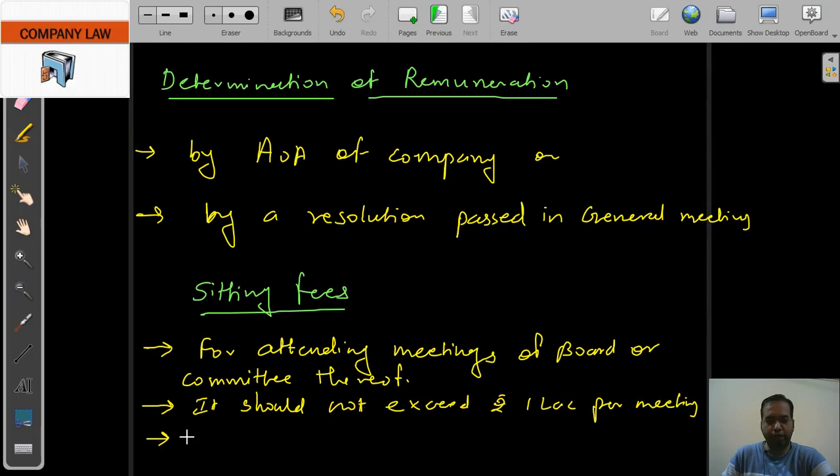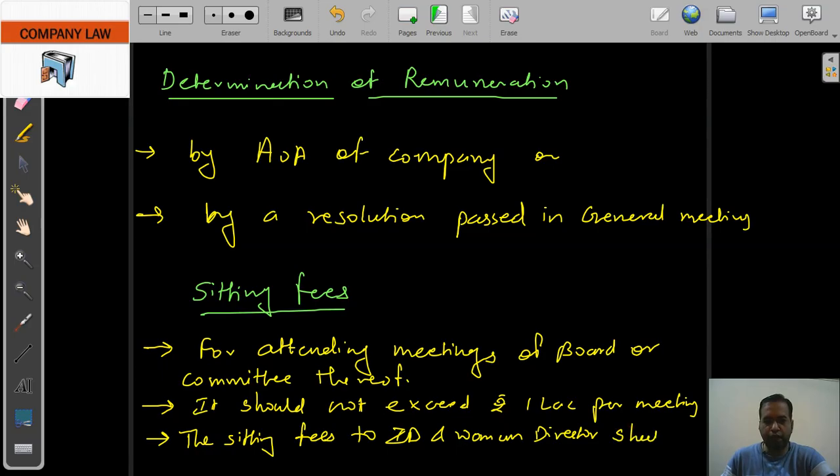And the third criterion is the sitting fee to the independent director and woman director shall not be less than that payable to other directors.